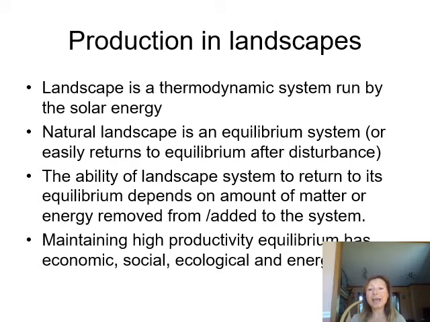And so maintaining a highly productive equilibrium in the system has its cost. It has the cost of energy, and this can be expressed as either economic costs or social costs or ecological costs, and essentially the less stable the system is, the more energy we need to keep it at equilibrium. And this is true for any system.